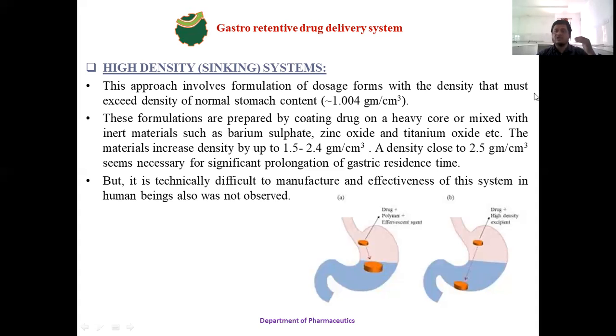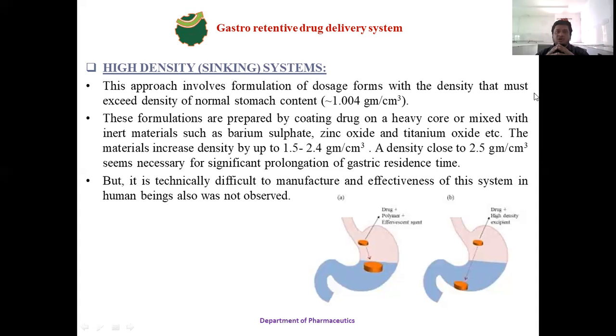It will sink because of the high density. The density of the system or the dosage form will be more than the gastric fluid. Normally we can make it up to 1.5 to 2.4 gram per cubic centimeter, so the density is more than the gastric fluid, or more than the stomach content.